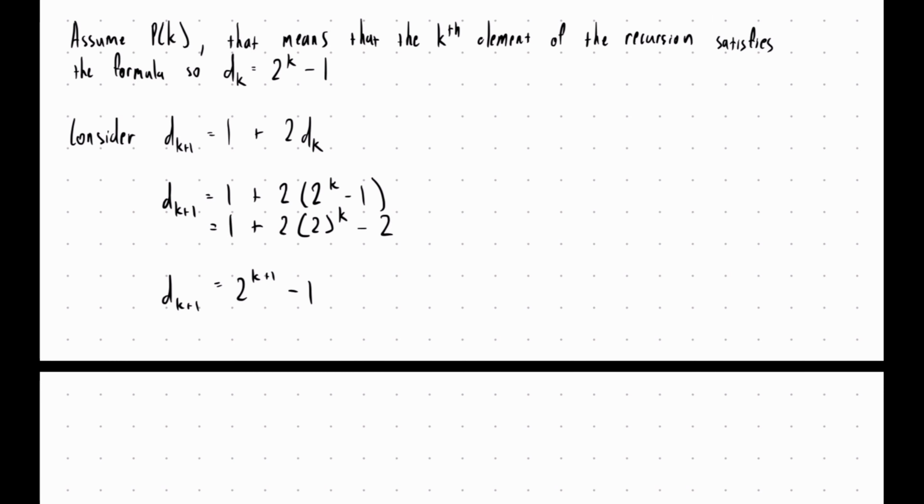So we have a closed form. We have the time traveler. The time traveler is 2 raised to the k plus 1 minus 1. Or essentially dk equals 2 to the k minus 1. The explicit formula can travel across that recursive definition.